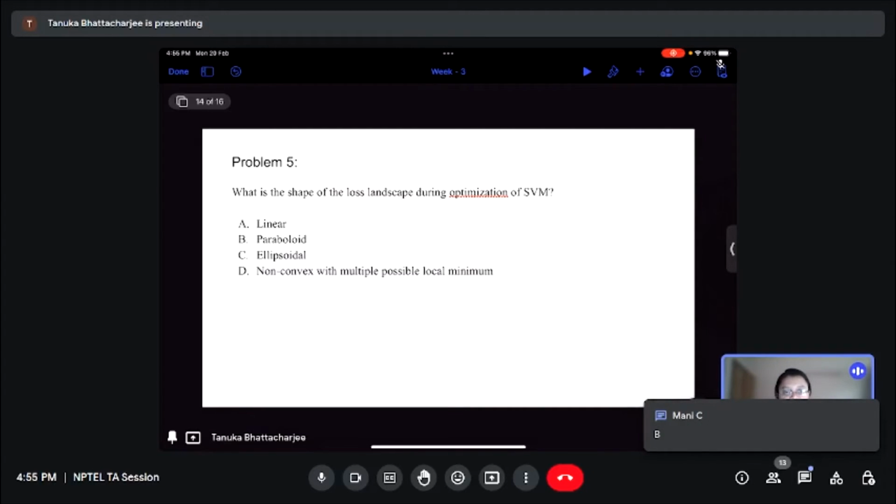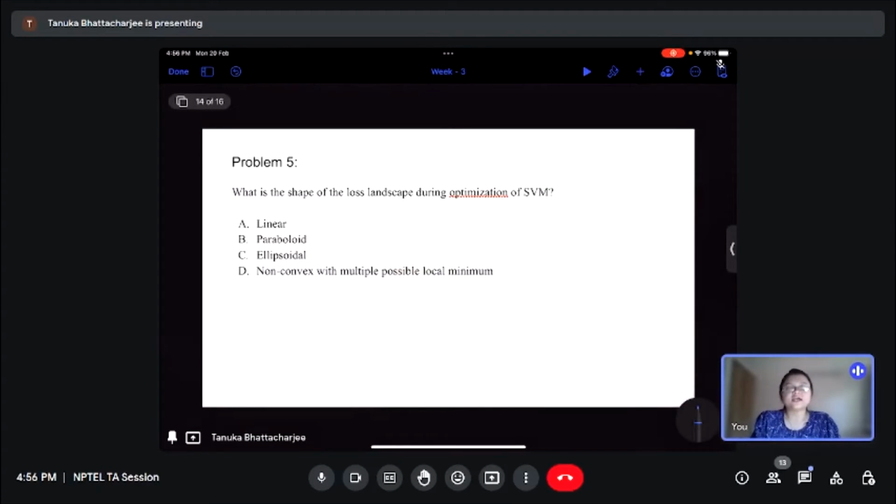Mani is saying it's paraboloid, and that's absolutely correct. So in SVM, as I said, the idea is to maximize the margin, and as we have seen quite a few times, your margin is given by 2 by norm of W. So you need to maximize this margin, so the inverse of that you need to minimize, or to make it a convex problem, we take the square of it.